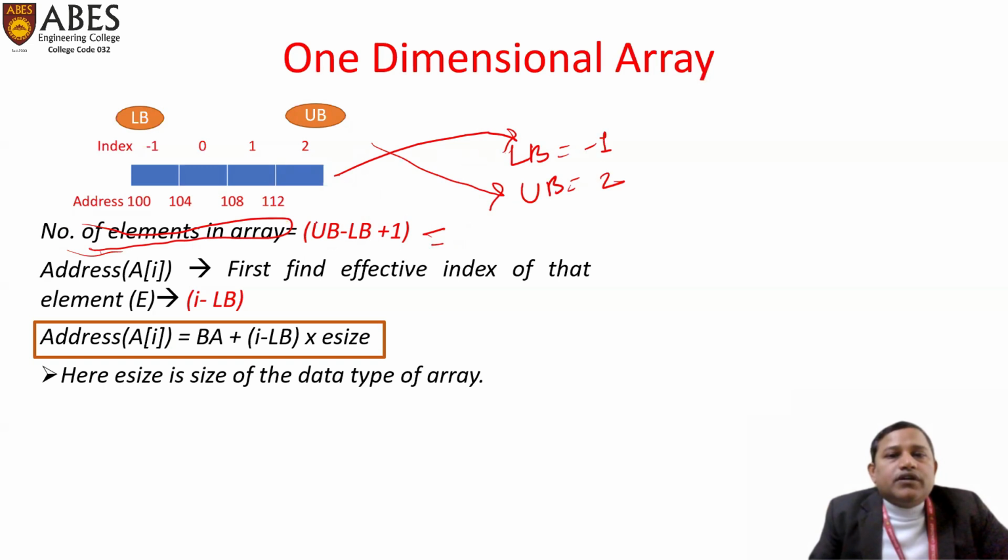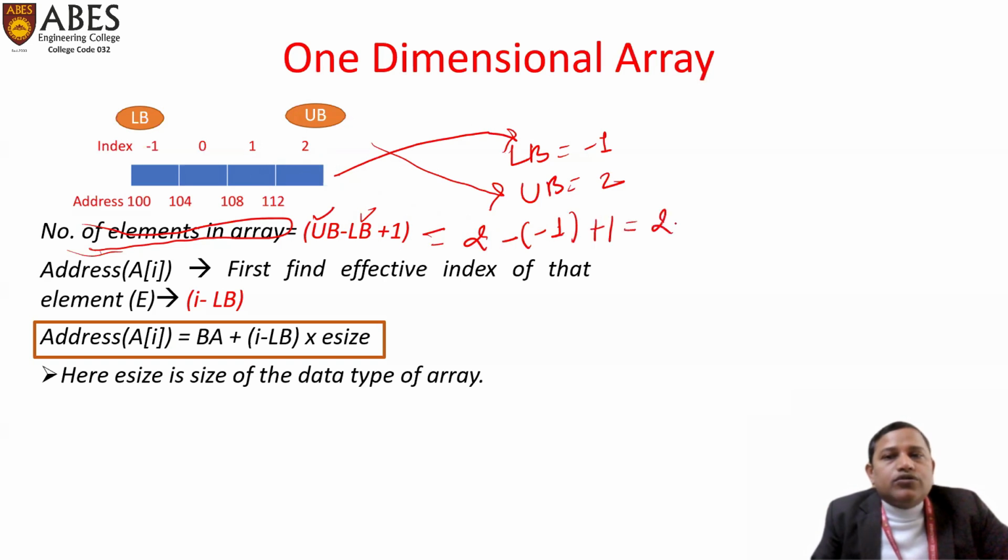In this array, the lower bound is -1 and the upper bound is 2. Simply subtract the lower bound from the upper bound and add 1. This gives the size of the array, also known as the number of elements in the array. Here, 2 is the upper bound, minus -1 the lower bound, plus 1.